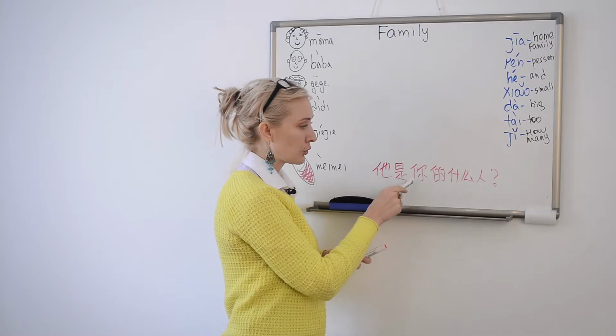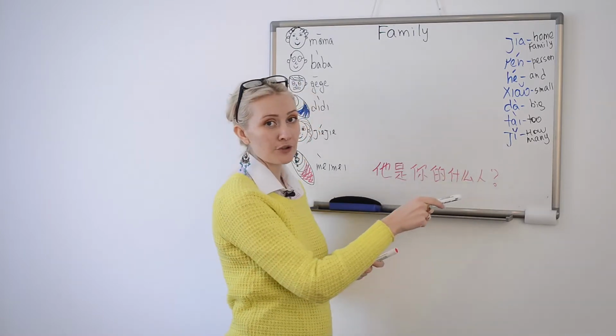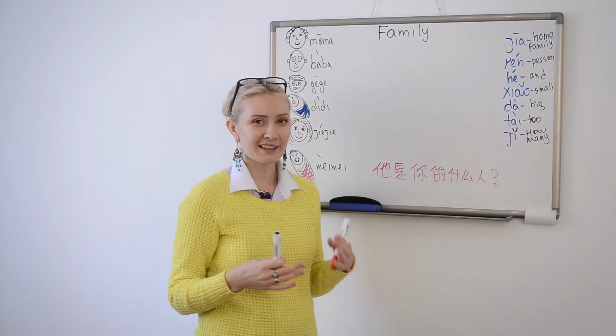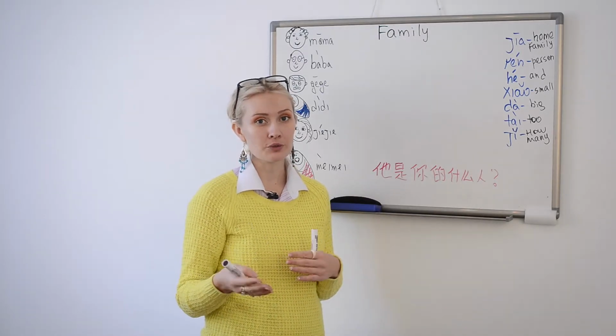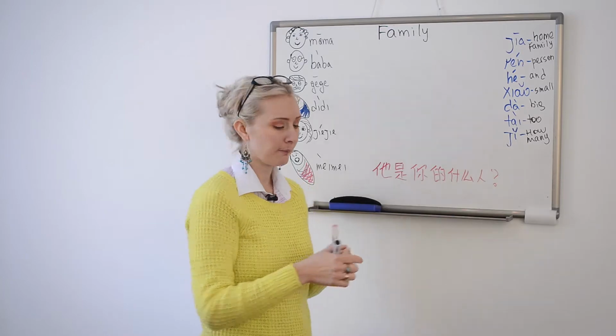He is to you what kind of person? So in English it will be, who is that man to you, or who is he to you? What kind of relationship do you have with him?